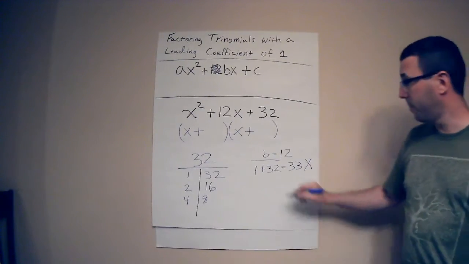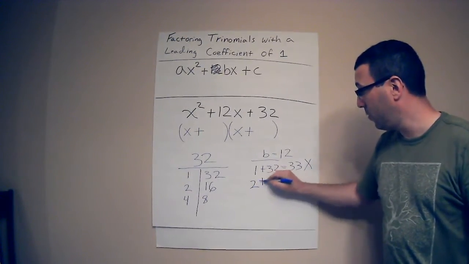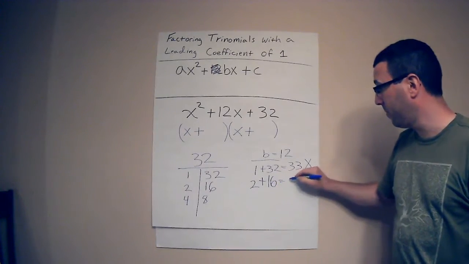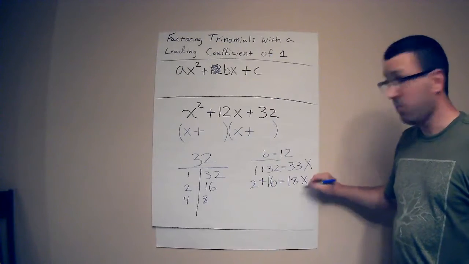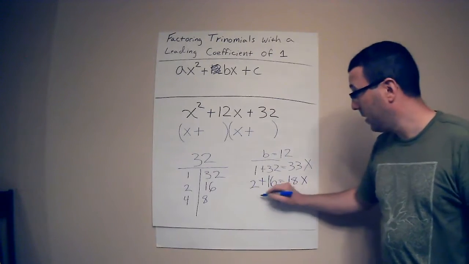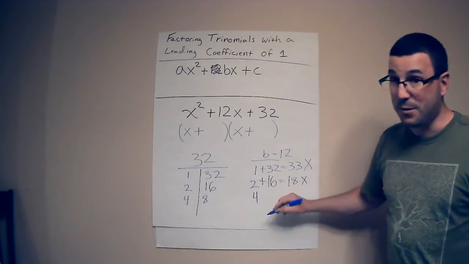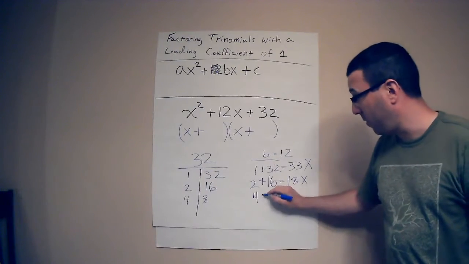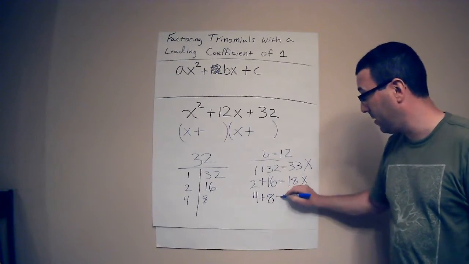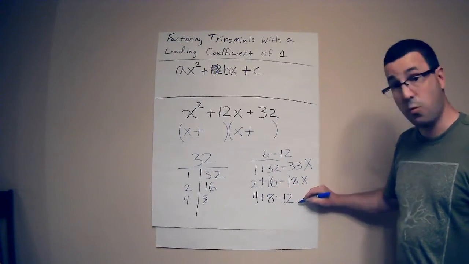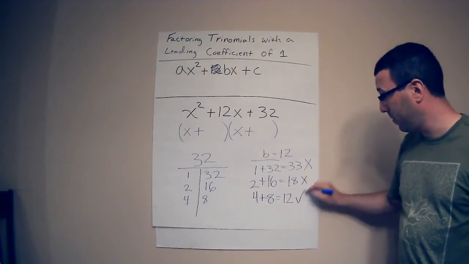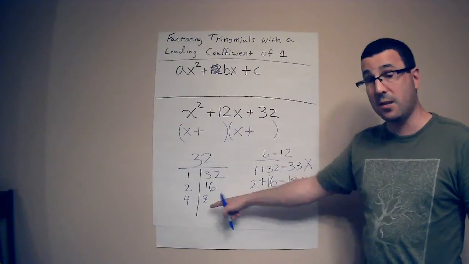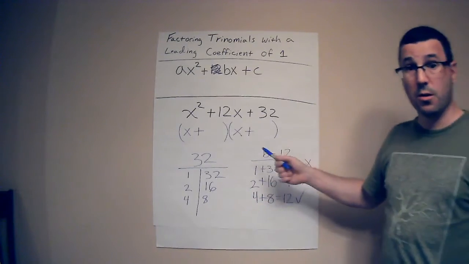Doesn't work. 2 plus 16, that's 18. That doesn't work. The only option is the last one, but let's make sure. 4 plus 8 is 12. We need it to equal 12. So 4 and 8 are our possibilities.